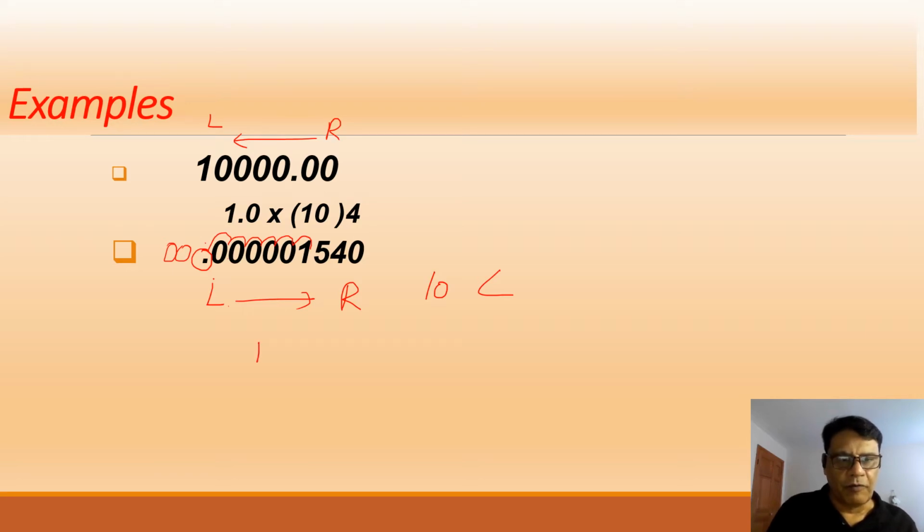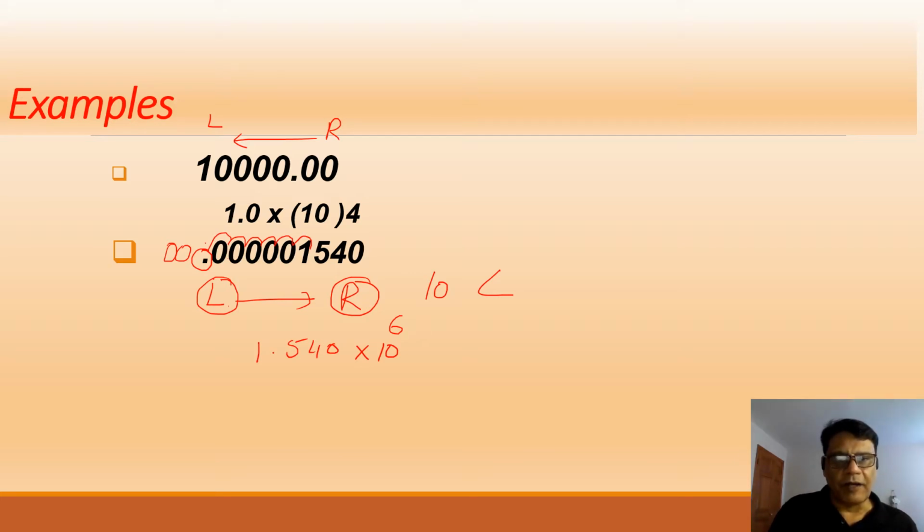So the value will be 1.540 multiplied by 10, and the value of the exponent will be equal to the number of times that you moved your decimal from left to right. So you moved your decimal 1, 2, 3, 4, 5, 6 times. So the value of the exponent will be 6. But in this case, you have moved your decimal from left to right, so you have reversed your process.